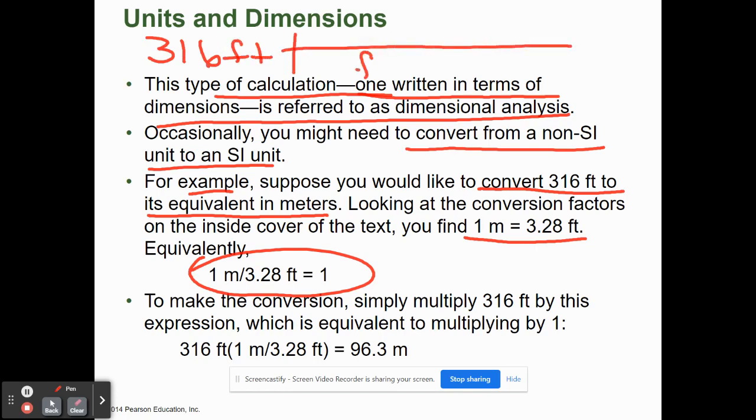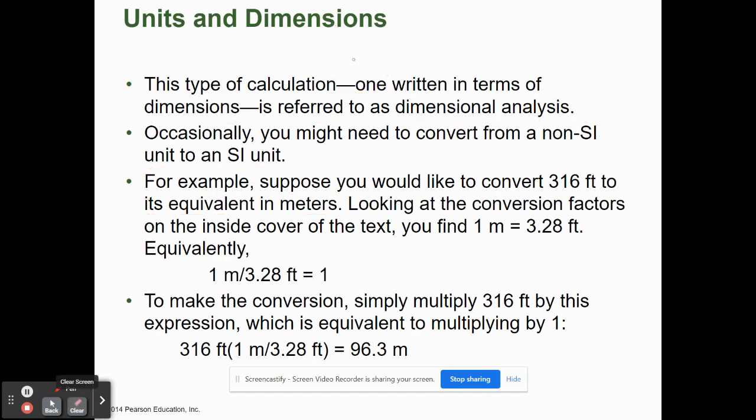and we put feet on the bottom. Why do we put feet on the bottom? So they cancel out. So we put what we want to cancel out on the bottom of our railroad track, what we want to get on the top. So we know that 1 meter is 3.28 feet. Oh, I'm sorry, I did not mean to clear that. I will write that over.